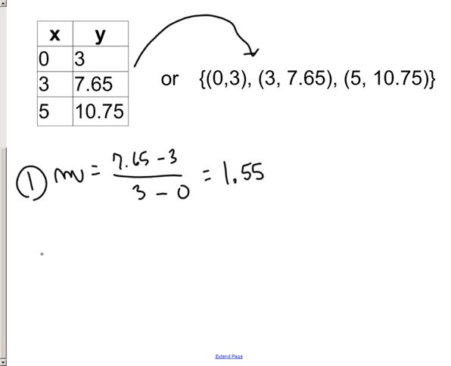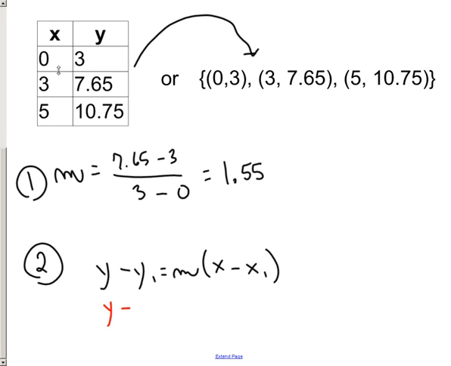Second step, go plug all my information into the point slope formula. So y minus, I'm going to use this point right here, y minus 3 equals, what's my slope? My slope is 1.55, so that goes right here where the m is, because that stands for slope.